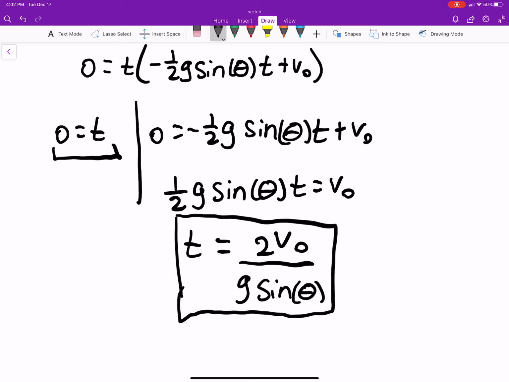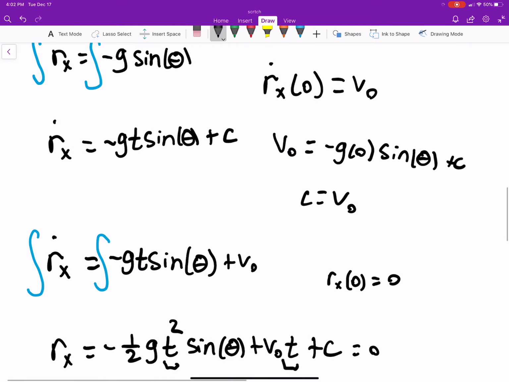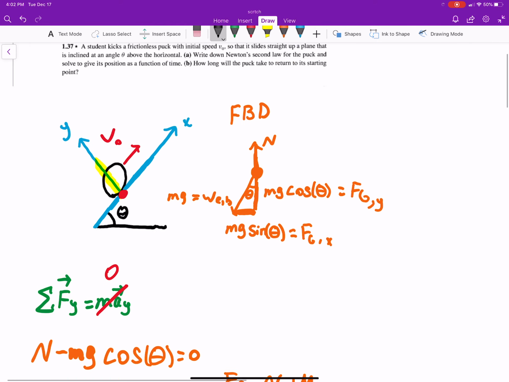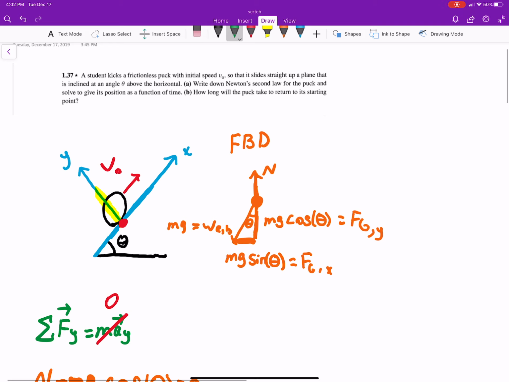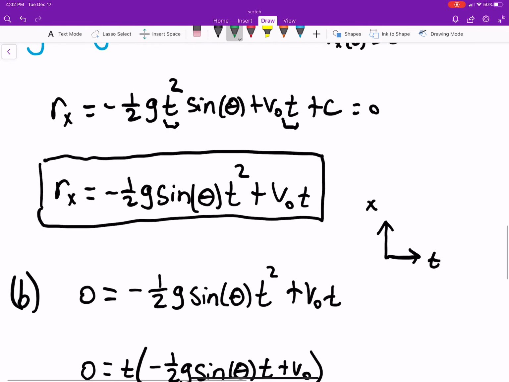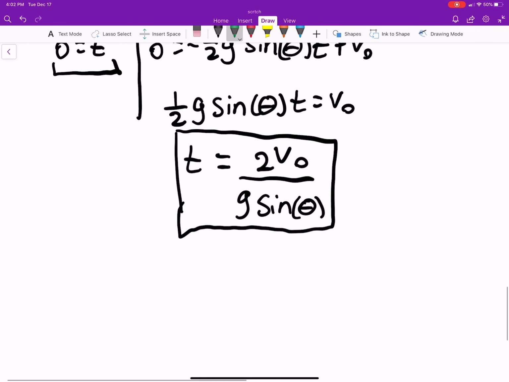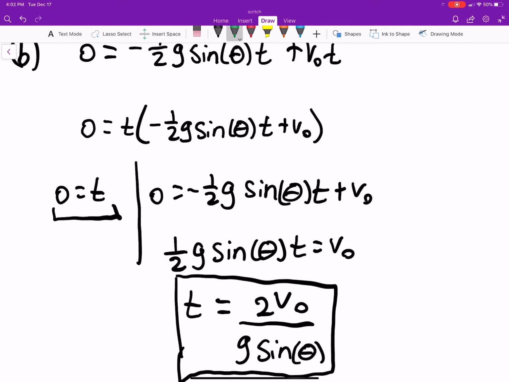At that particular time, you have the ball going up the hill or up the ramp, but eventually it's going to work its way back down. And we want to know at what time is our displacement 0. And that's when it returns to its starting position. So all you had to do was set your position equal to 0 and then solve for time and recognize that this is just telling us that we're at our origin at time equals 0. So yeah, that's all there is to it.